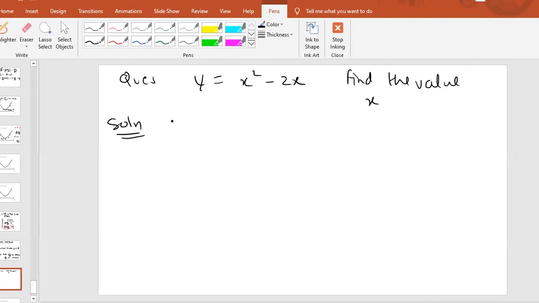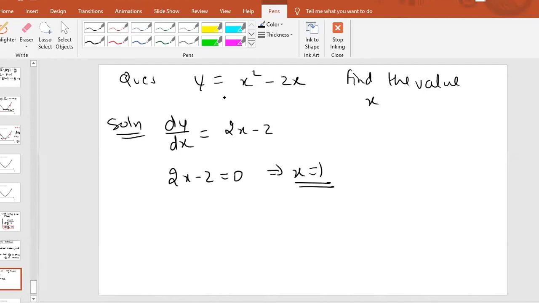First step is to find dy by dx. If I find dy by dx, it would be 2x minus 2. Second step, put dy by dx equal to 0, which means 2x minus 2 equal to 0, so x is equal to 1. So at x equal to 1, the dy by dx value is 0. Then differentiate dy by dx with respect to x.